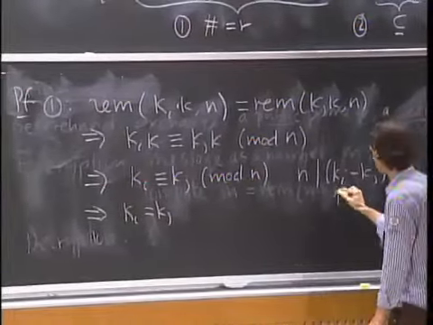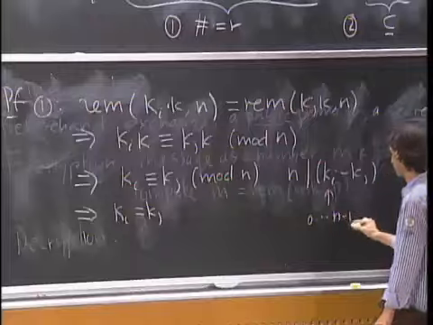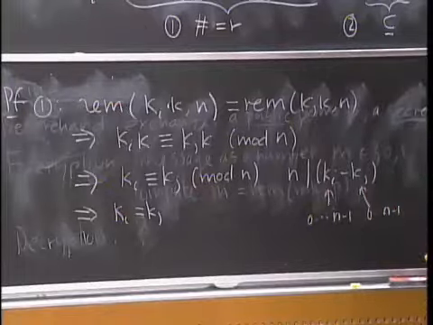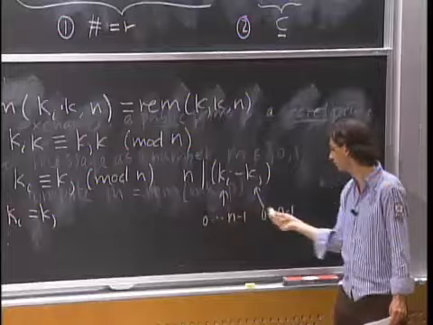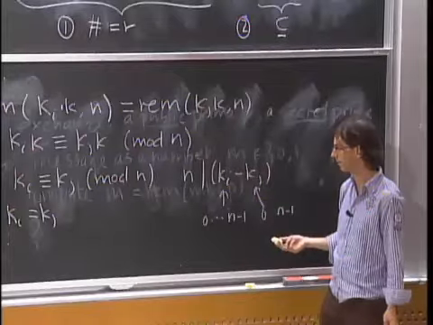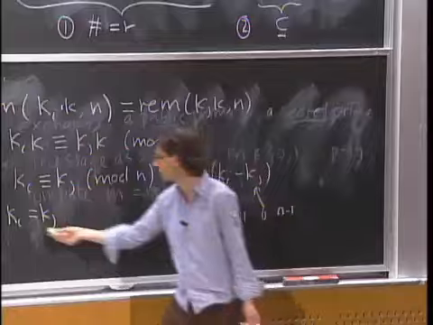I know that this one is in the range from 0 up to n minus 1. This one is in the range of 0 up to n minus 1. The only way a difference of two numbers in this range can be divisible by n is if this thing is equal to 0. And that means that ki equals kj.